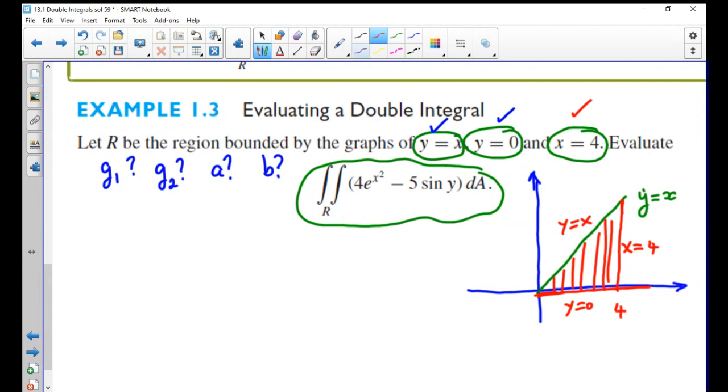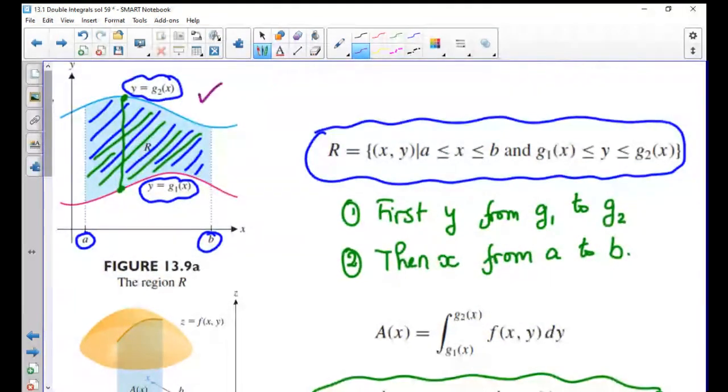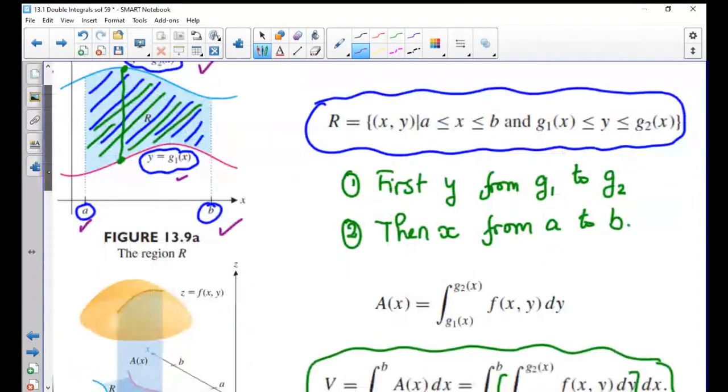So this region is similar to this one. So what is G1, what is G2, what is A, and what is B?